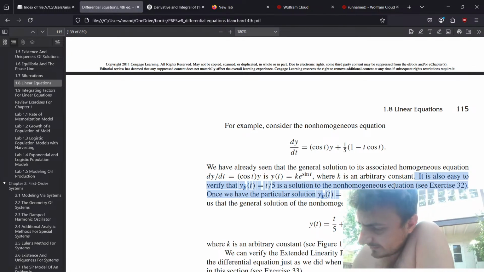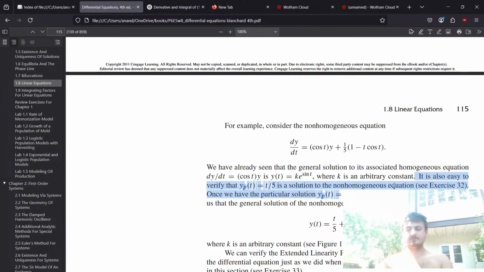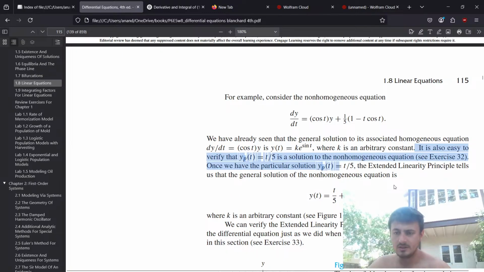So 1/5 is equal to, if we multiply by 5, we get 1 is equal to cos t times t plus 1 minus t cos t. Then these cancel, and you get 1. Okay, fine. That's fine.